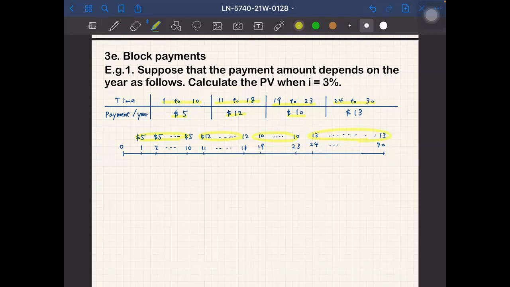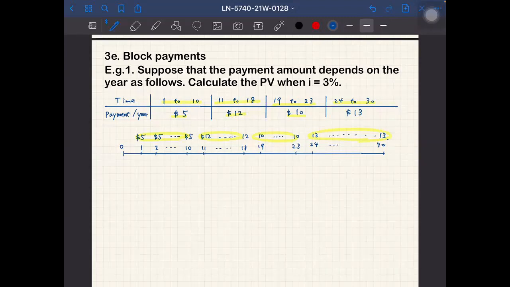But here we use one trick, and we make this just the addition and subtraction of the usual annuity immediate. The technique is that we think about the longest cash flow first. The furthest away payment is $13.